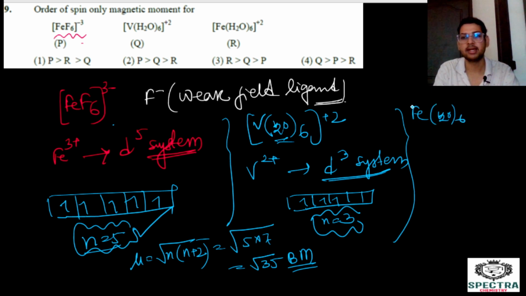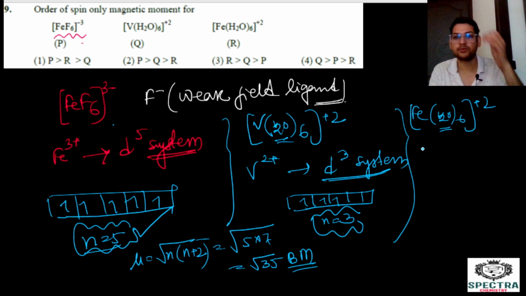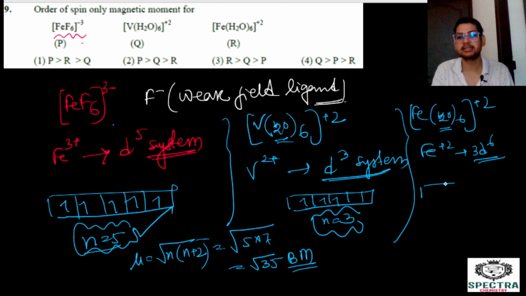Okay, sir, and then the last thing, Fe(H2O)6 2 plus. Sir, H2O is neutral, so Fe is in +2 state. That means it is a 3d6 system, and 3d6 means actually not 6 unpaired electrons, actually we are having 4 unpaired electrons, 1 2 3 4 5 and 6. That means I am having n equal to 4 unpaired electrons.